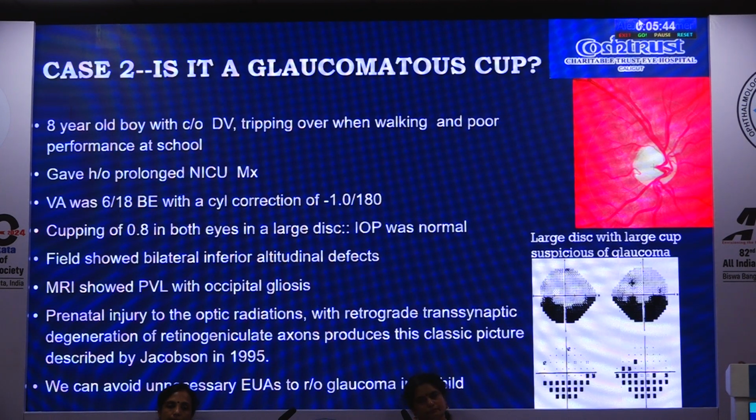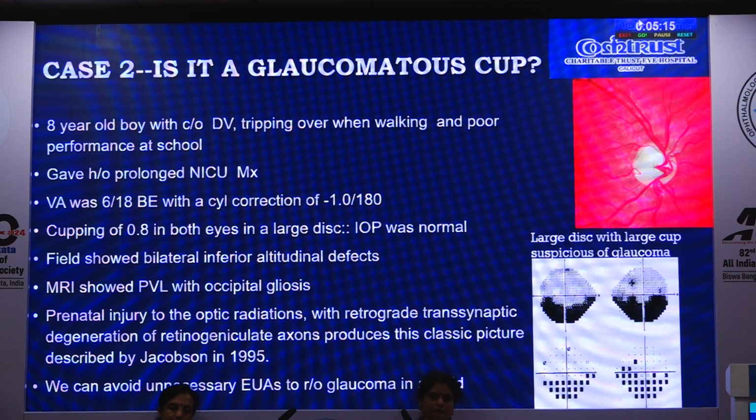This is an 8-year-old boy with complaints of defective vision, tripping over when walking and poor performance at school. You can see the large cup. The parents gave a history of prolonged NICU management. Visual acuity was 6/18 with a cylindrical correction of -1.80, which is not very high, and cupping was 0.8 in both eyes with a large disc. IOP was normal.